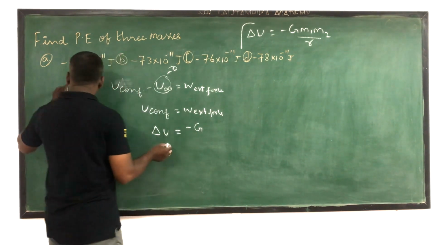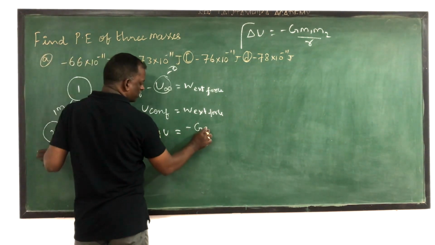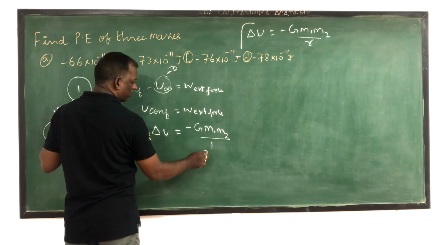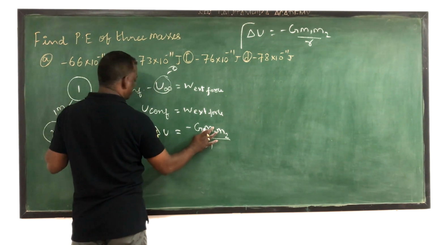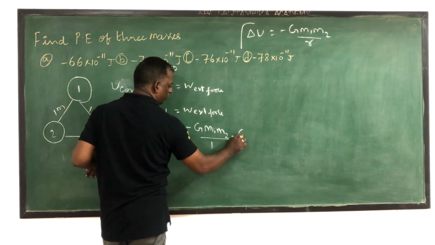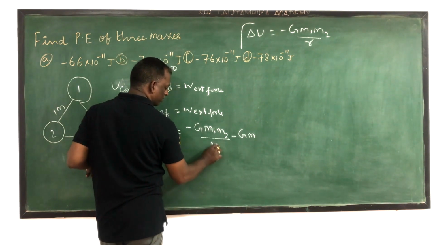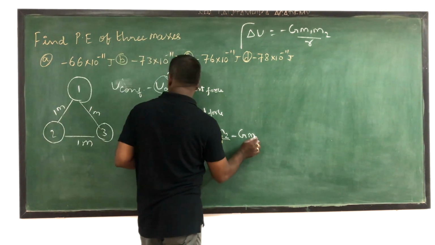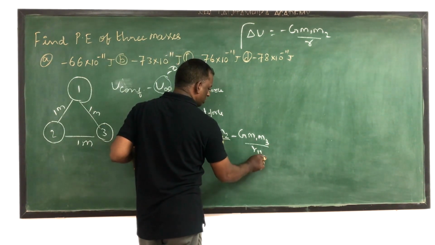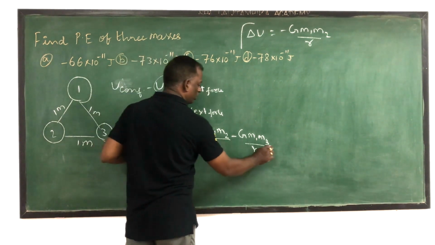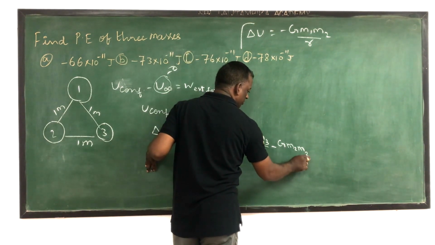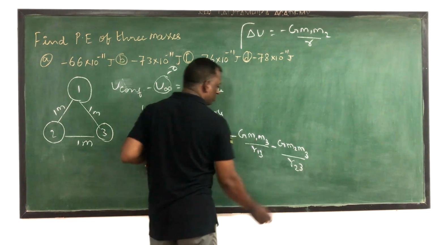So we can write it for masses m1 and m2 by 1, or 1 into 2 minus G. So in the first formula, 1 to 3 is m1 m3 by r13, that is 1, then 2 minus G, 2 to 3 is m2 m3 divided by r23.